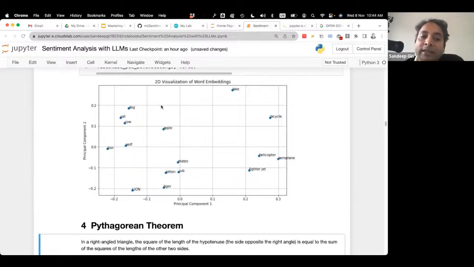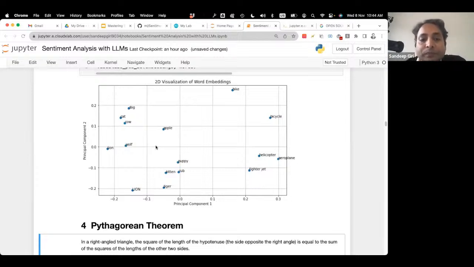Imagine plotting this on 1D. All of these things will come together, right? Apple, bike, everything will be here. That's why more dimensions are needed to represent the complex relationship between things. And as you increase more and more dimensions, it would get better.